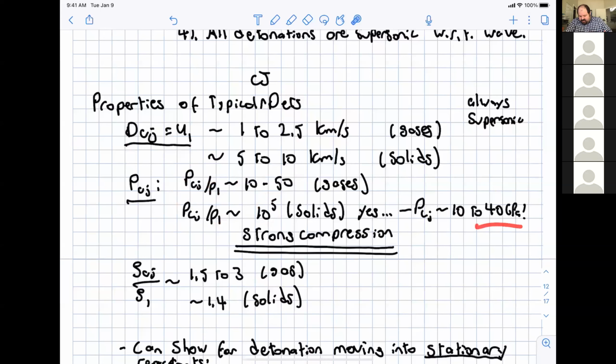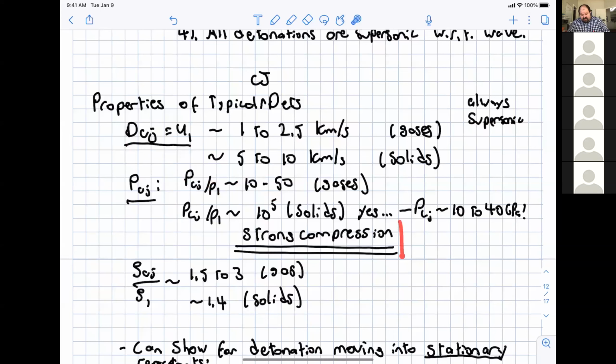That 10 to 40 GPa is well above the yield limit of any solid material, meaning that it can start to flow like a liquid, and that's part of why high explosives produce so much damage. Basically, nothing can really contain them unless you have a really huge block of material.